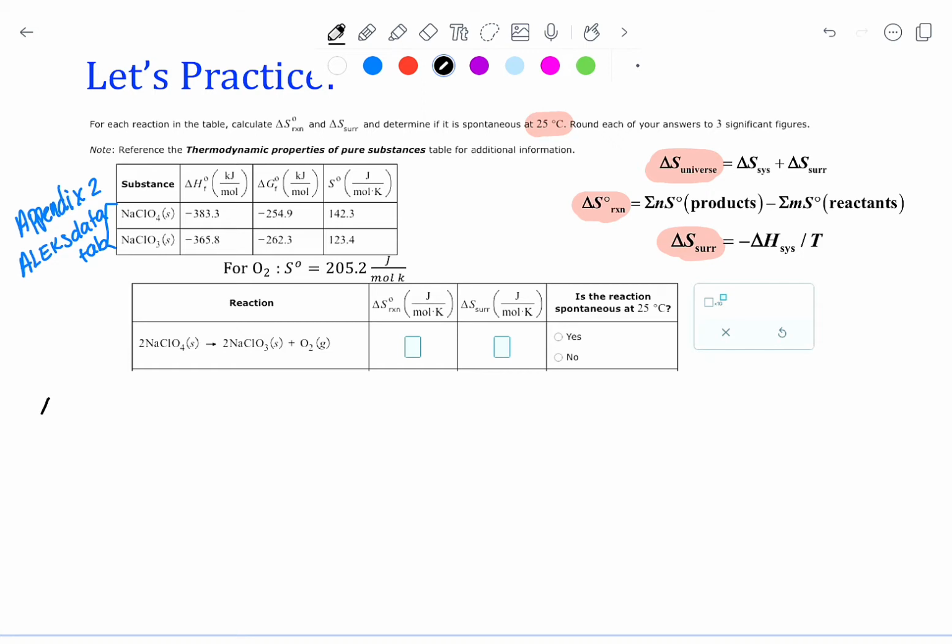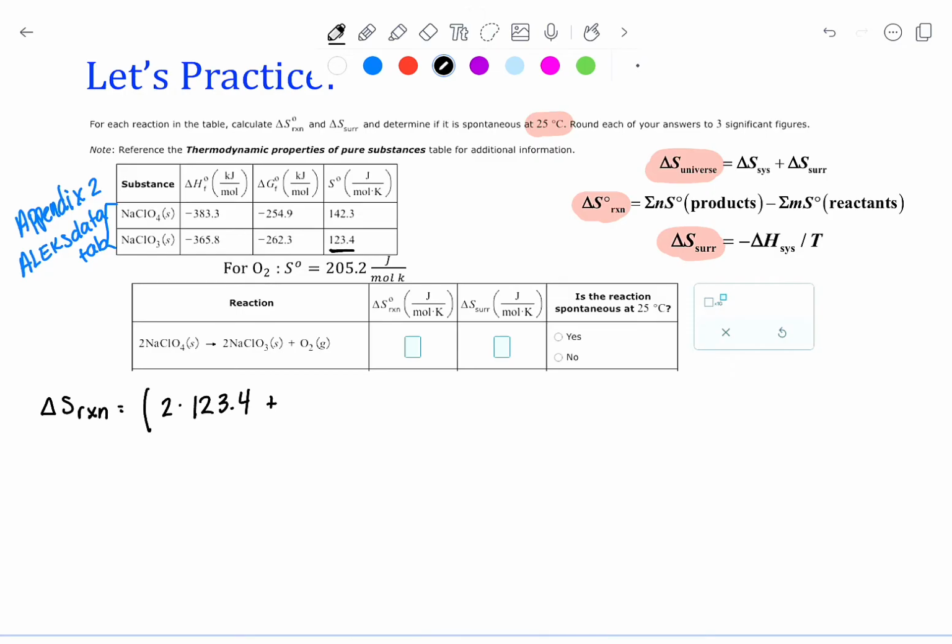We've calculated these in the past, and we know that delta S of a reaction is equal to the sum of the entropies of the products. So our product is 2NaClO3, so 2 times the entropy of NaClO3, which is 123.4, plus the entropy of oxygen gas.